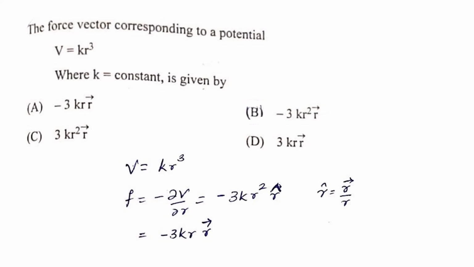So differentiation of V with respect to r will give minus 3k r square into unit vector r. We know that unit vector r is equal to vector r divided by its magnitude. So if you simplify this one, minus 3k r into vector r. Therefore option A is the right answer.